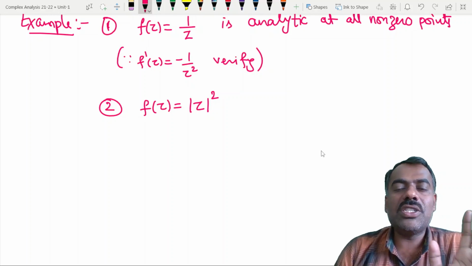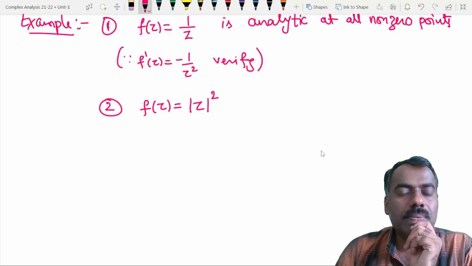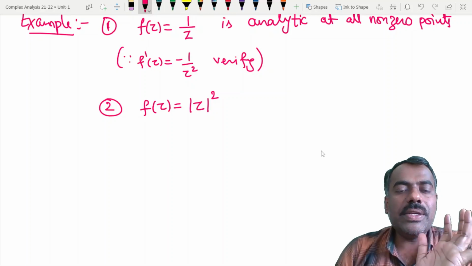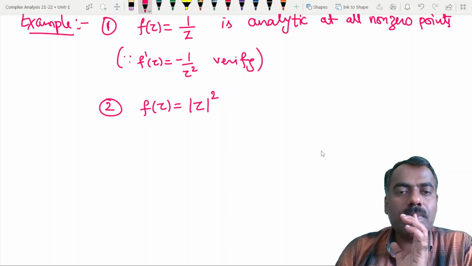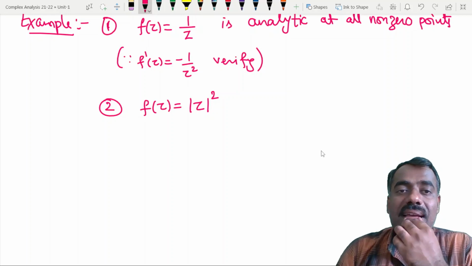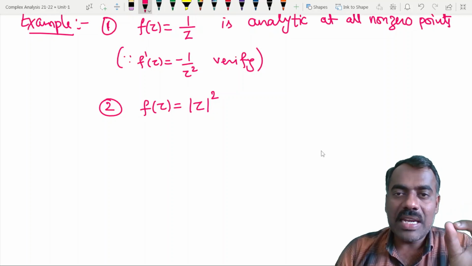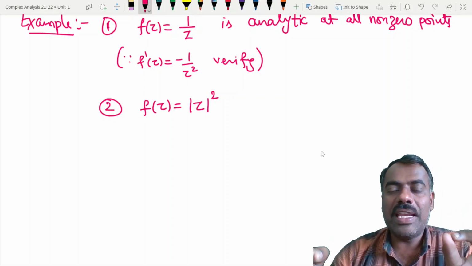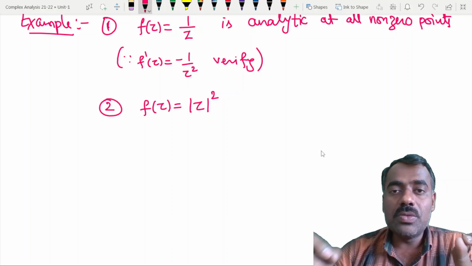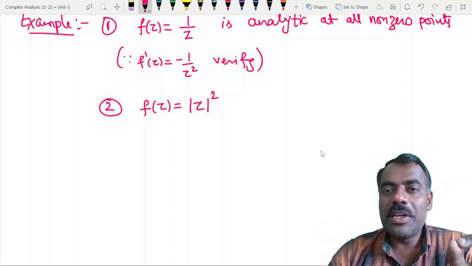Is it analytic at 0? Why? See, there is a difference between analytic function and differentiable. Analytic at a point is stronger than differentiable at that point.